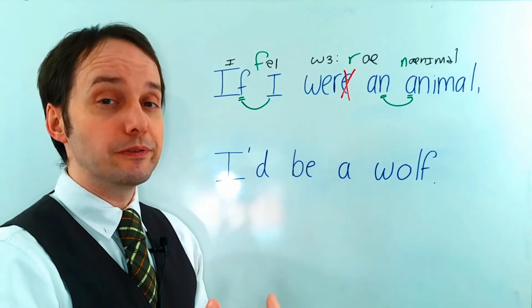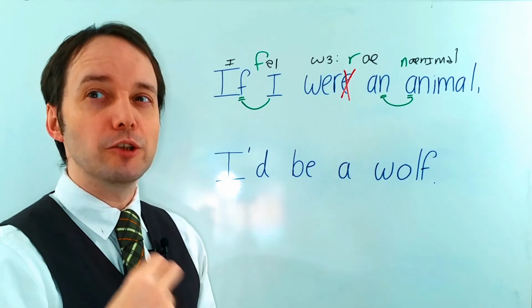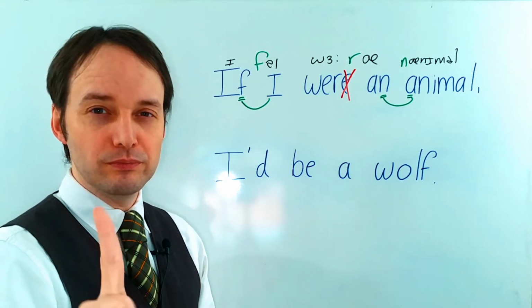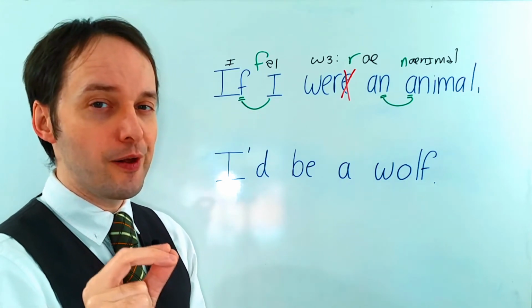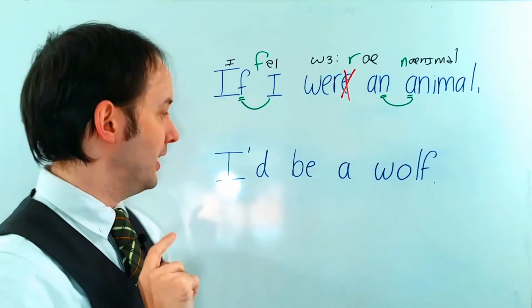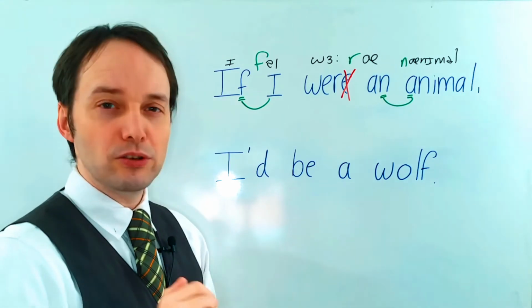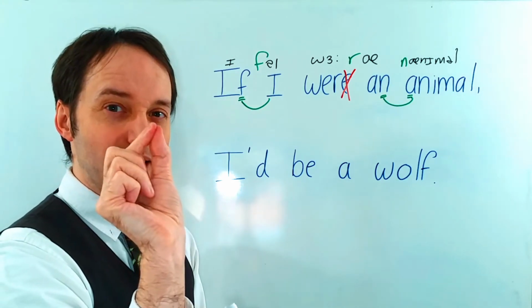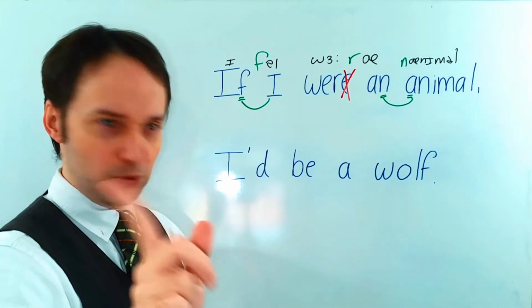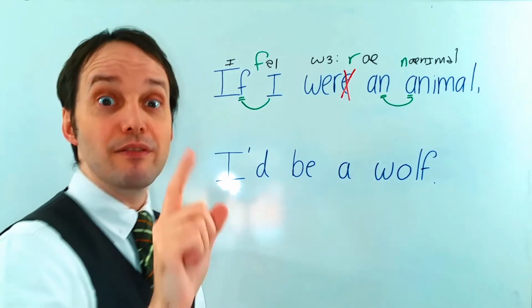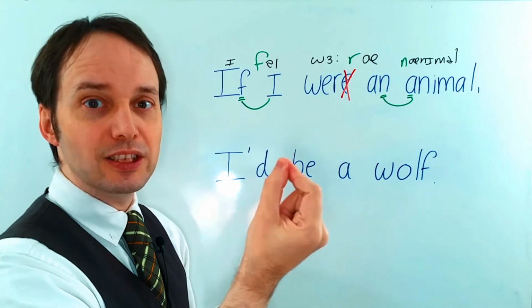I'd be a wolf. One more. I'd be a wolf. Okay, can you hear where two words connect? I'd be a wolf. Yeah, the B and the A actually connect.